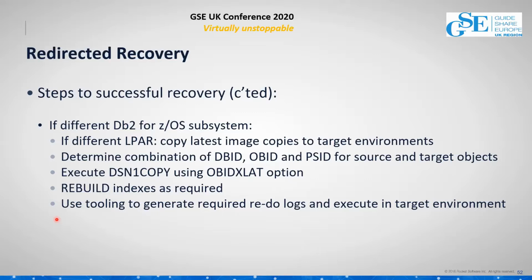Again, you have to determine the combination of DB, OBID, and PSID for both the source object in production and the target objects in your target environment from the DB2 catalog. Then you could use DSN1COPY, again using the OBID XLAT option to translate the three IDs that you just have determined, and rebuild the indexes.